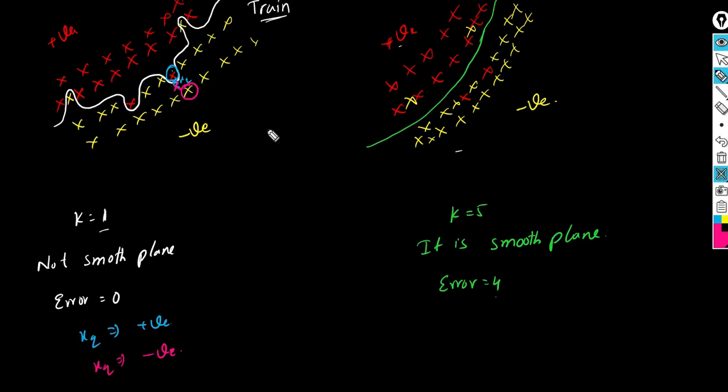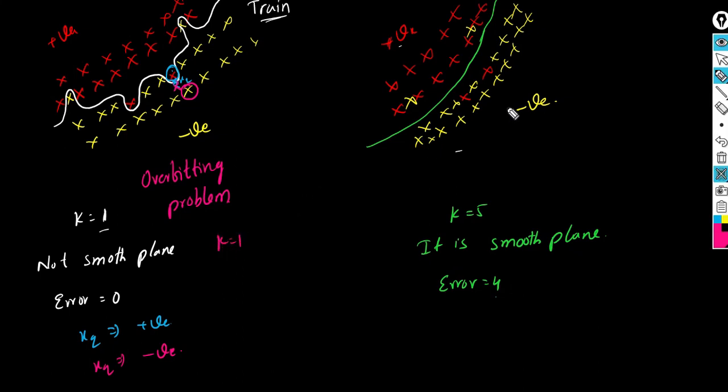By changing just the query point slightly, the entire class changes. This is a big issue. This big issue is the overfitting problem. When K equals 1, we have the overfitting problem.